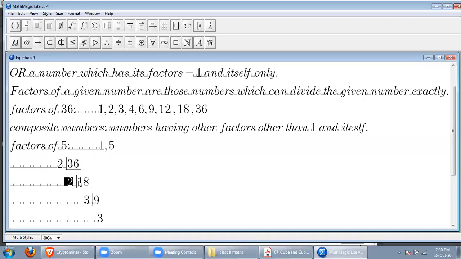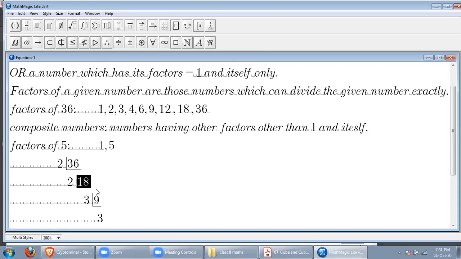The same logic will follow: the new dividend is the earlier quotient, and for the new divisor we have to determine whether the smallest prime number can still divide. Yes, then it will continue with 2, but if no, suppose here it becomes 9, you have to check in every step whether the quotient is a prime number. If the quotient is a prime number, that step is finished.